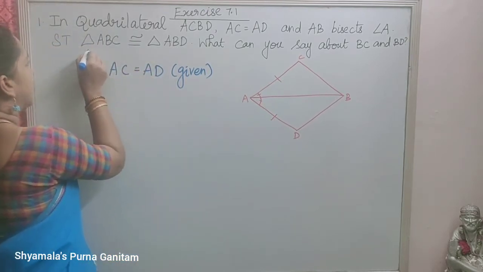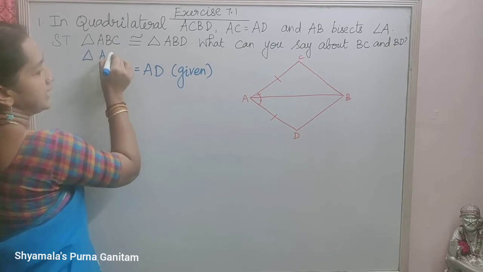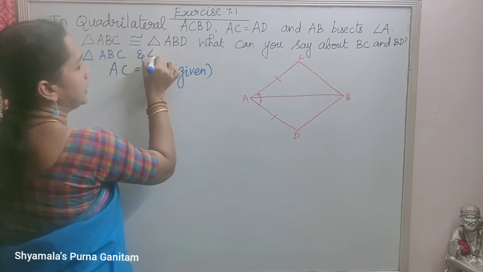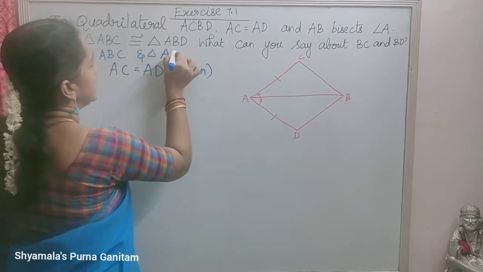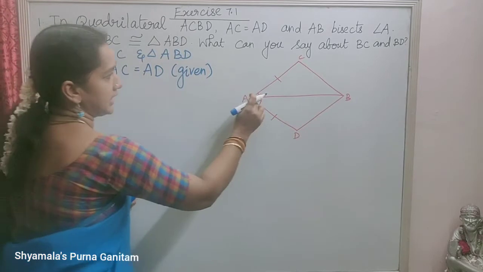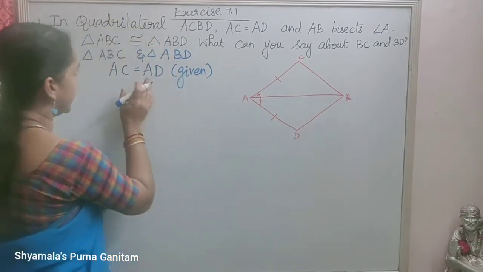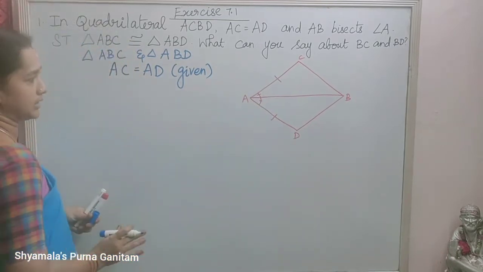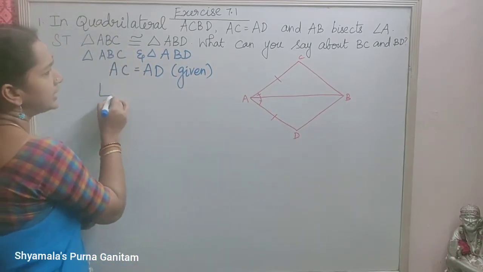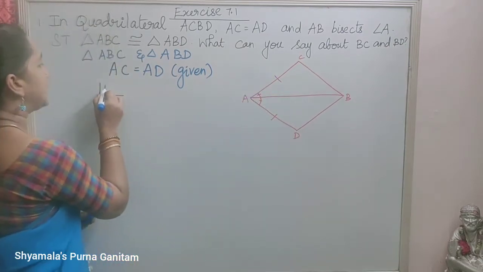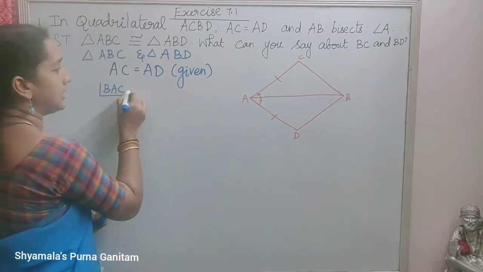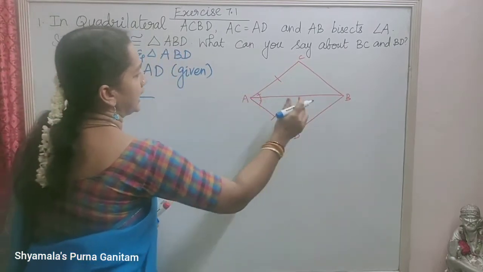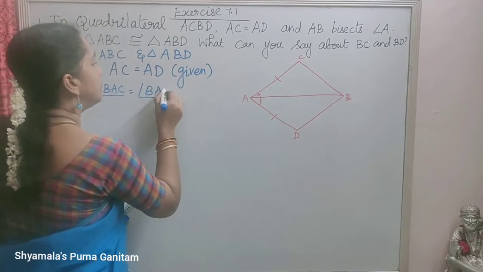So first, in triangle ABC and triangle ABD, AC is equal to AD. So this is given in the question. Then angle BAC is equal to angle BAD.